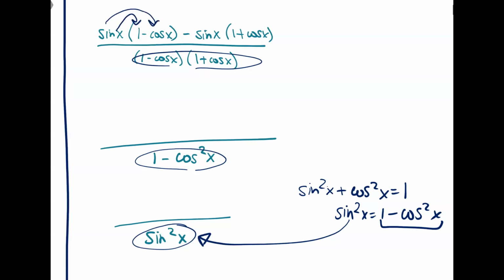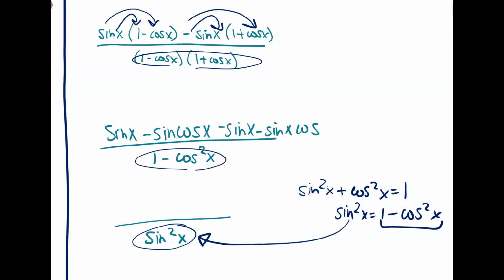So I'm going to distribute, and I'll see if anything cancels out. I have a minus sine x and a sine x that goes away.